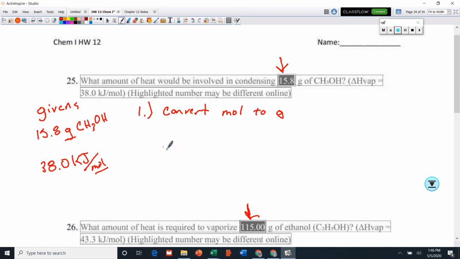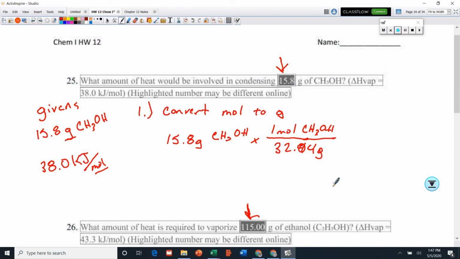The way that we would do that is take our 15.8 grams CH3OH, and then for every 1 mole of CH3OH, there are 32.04 grams. You can check my math on that.